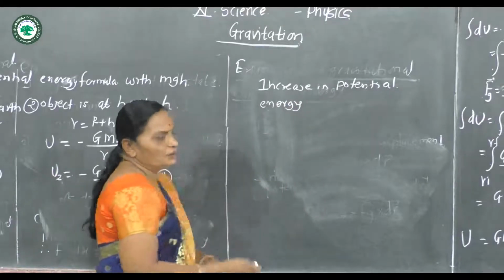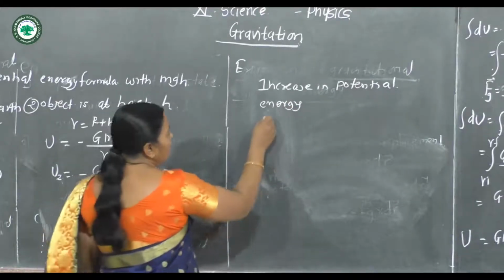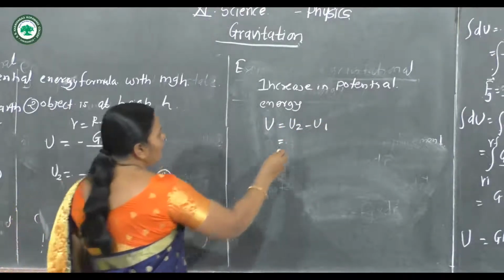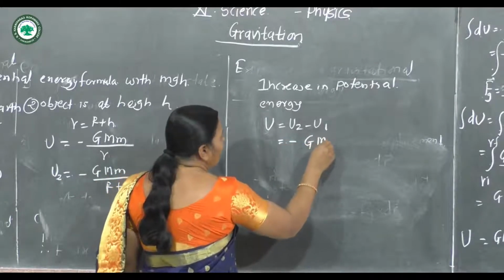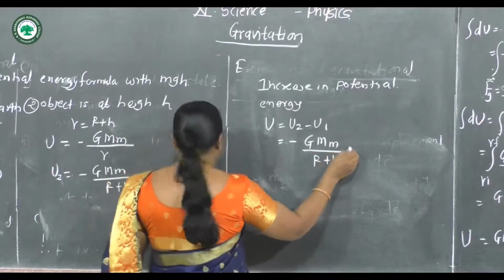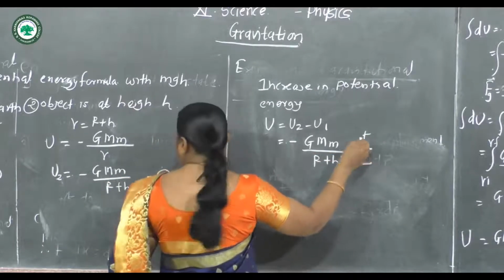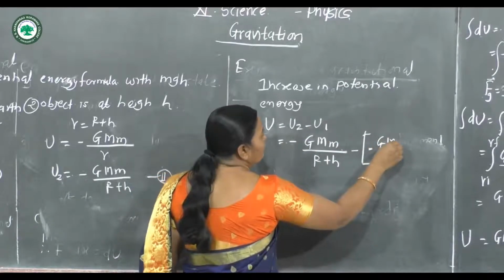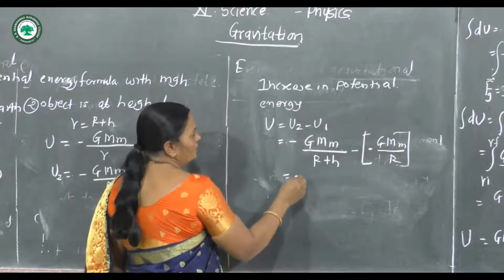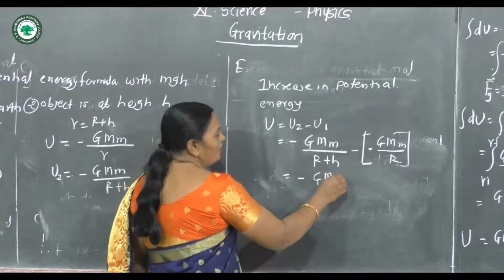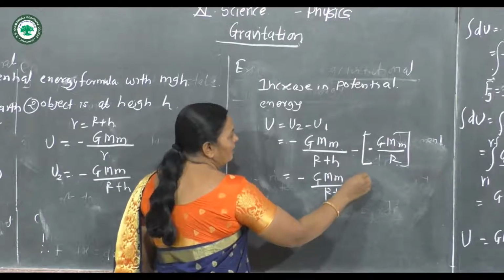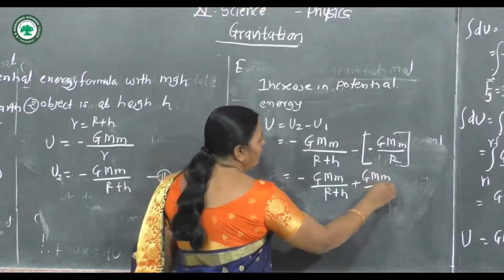Substituting the value of U2, that is minus G M m divided by R plus H, and minus the value of U1, that is minus G M m divided by R. Simplifying, we get minus G M m divided by R plus H plus G M m divided by R.